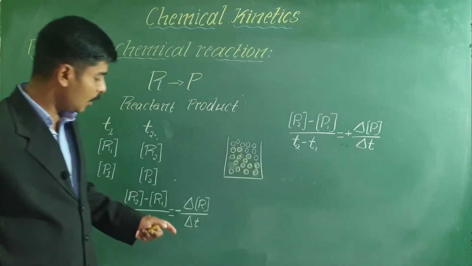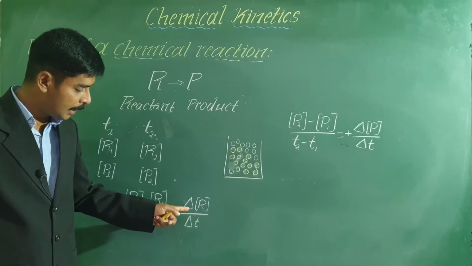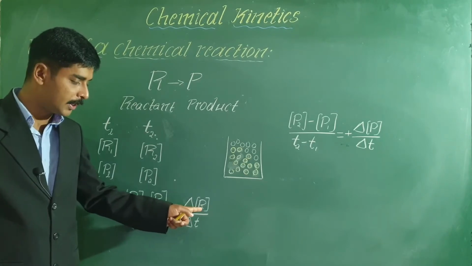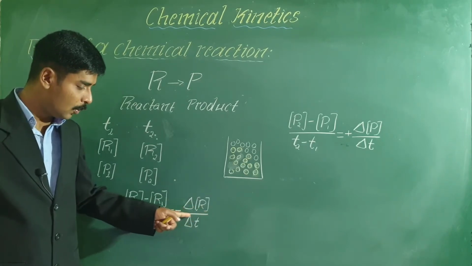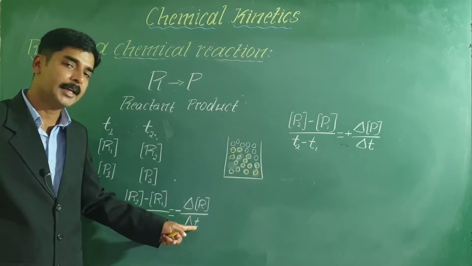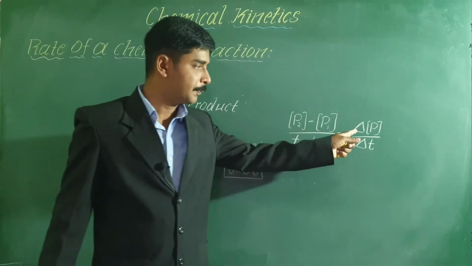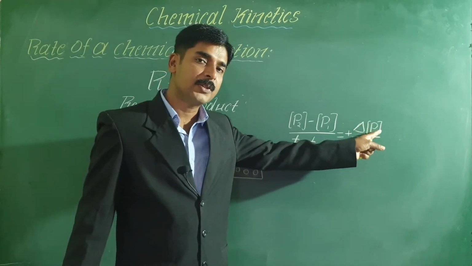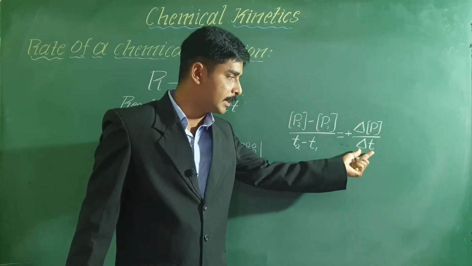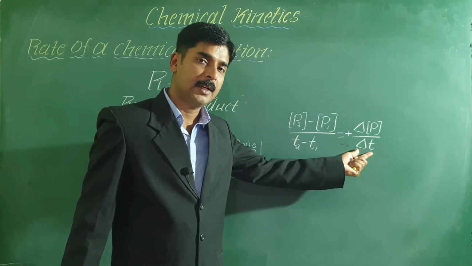Now, how will you read this? This is the change in concentration of the reactant over a certain time interval, that is T2 minus T1. This one is the change in concentration of the product over a certain time interval.